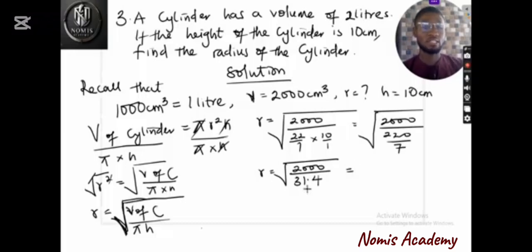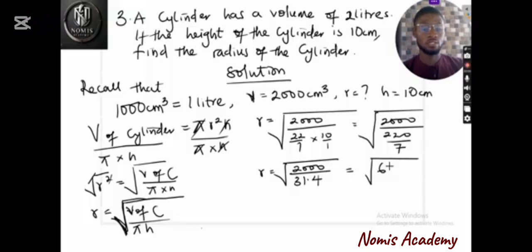How did I get this 31.4? Somebody's asking. Remember that 22 over 7 is 3.14 to 2 decimal places. So 3.14 multiplied by 10 will give me 31.4. Very good. So let us divide 2000 by 31.4. So that is 63.7. So the radius is the square root of 63.7.